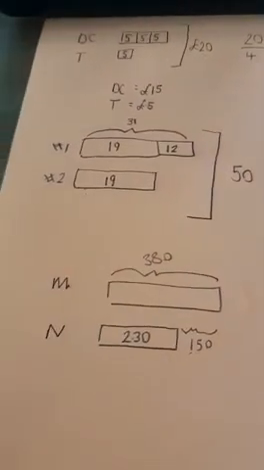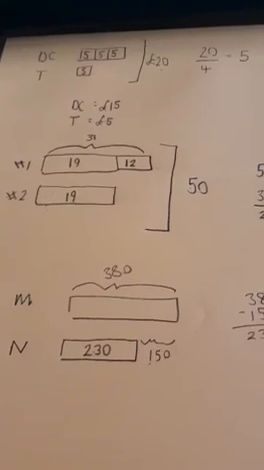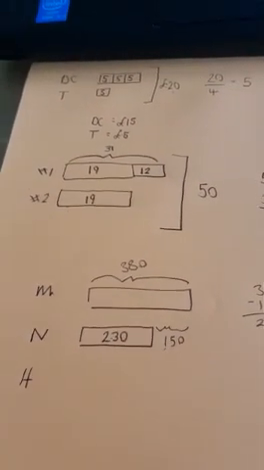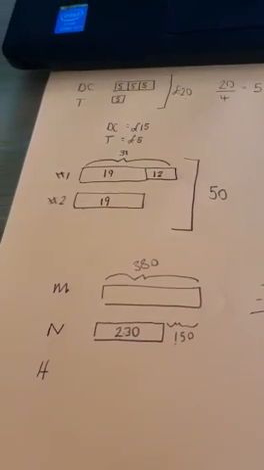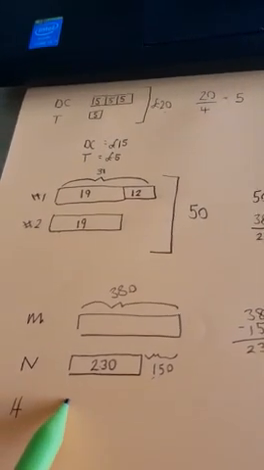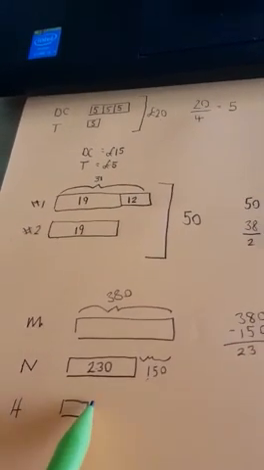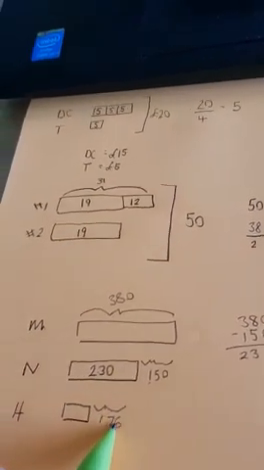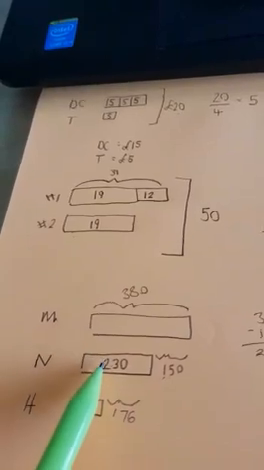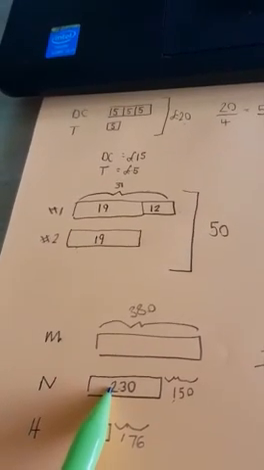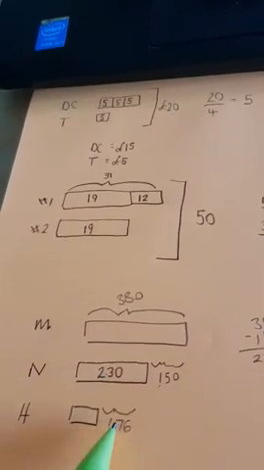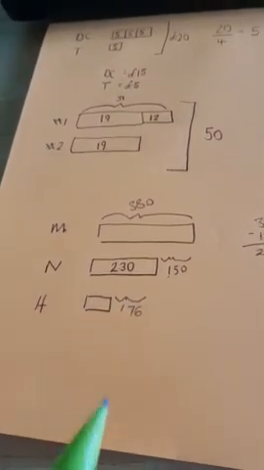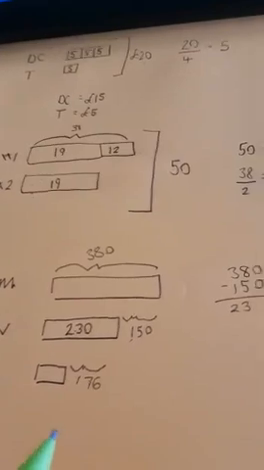We can check by adding 230 to 150. That gives us what Millie had, which was 380. Now the next step is that Hassan has 176 fewer stickers than Nathan, so his bar should be smaller, and it means there will be a difference of 176. Okay, so if we do 230 take away the 176, we should be left with this part here.